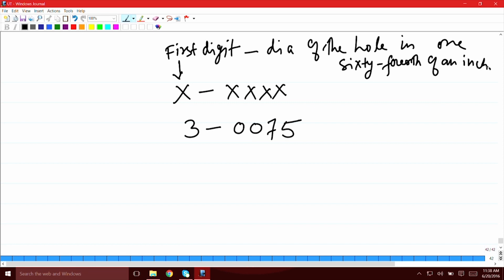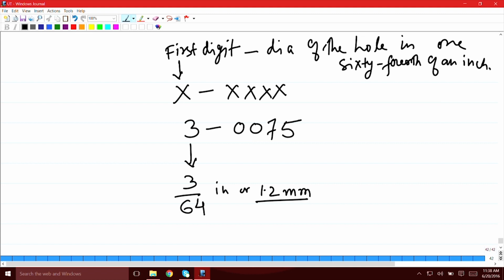Okay. So, that means if it is 3, then you immediately know that the diameter of the hole is 3/64 inches or 1.2 mm.